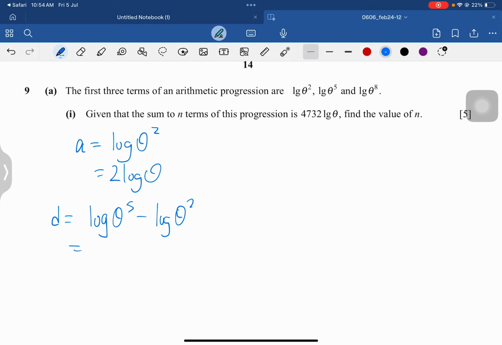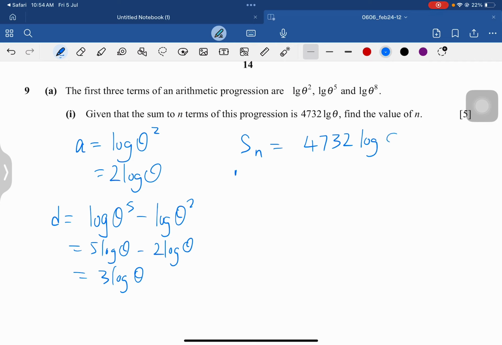You can drag down the power, become 5 log theta minus 2 log theta equals 3 log theta. Sum to n terms, Sn is equal to 4732 log theta.